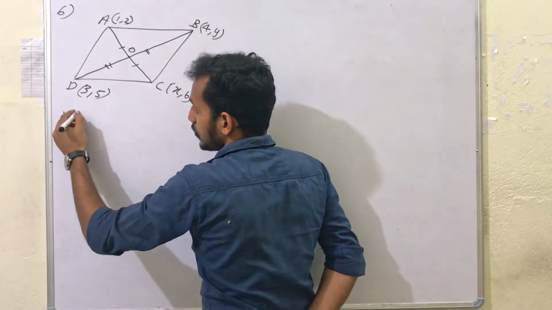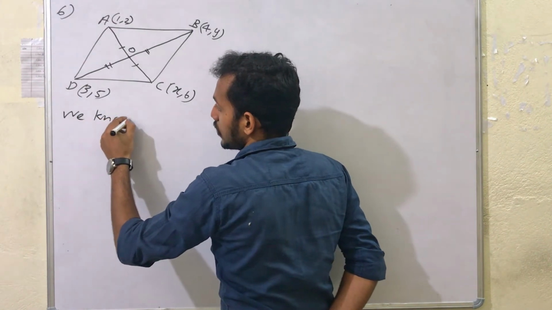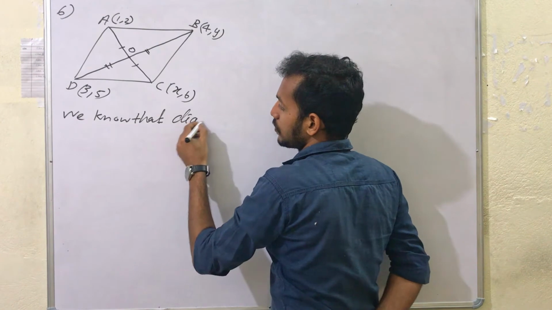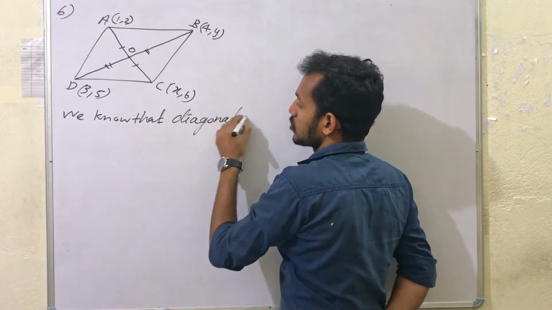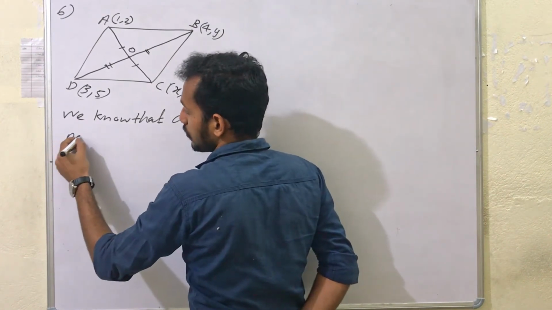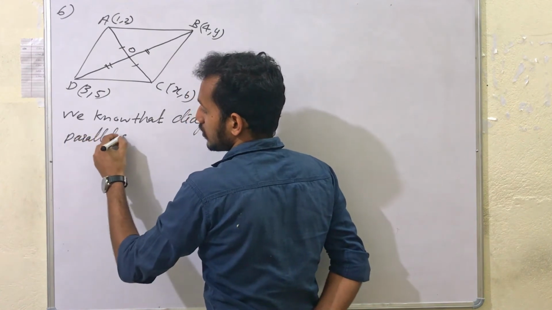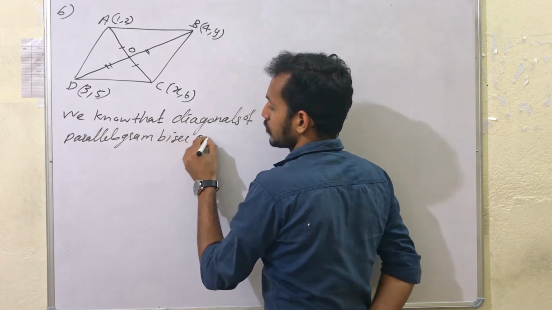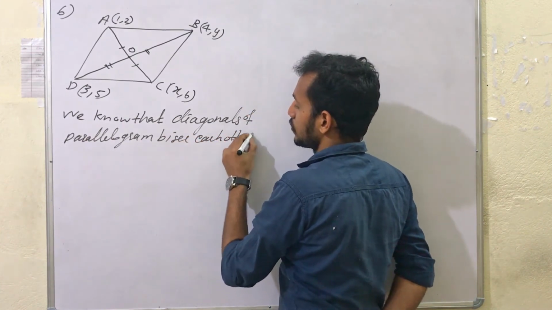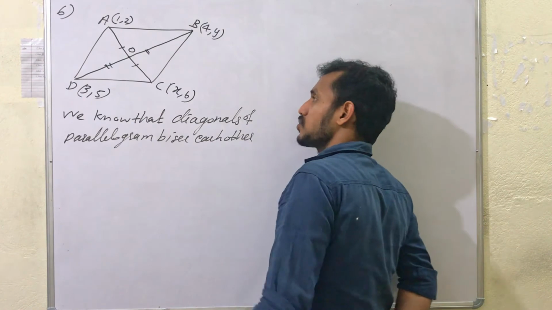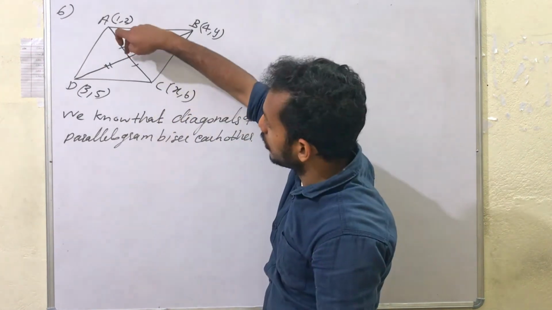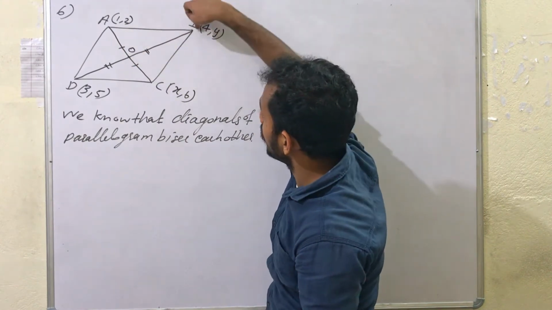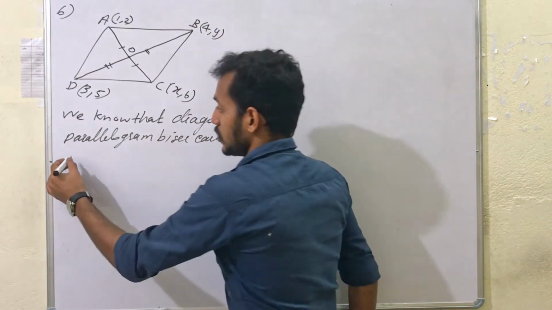So we know that diagonals of a parallelogram bisect each other. So diagonals bisect each other means the point O will be the midpoint of AC as well as the midpoint of BD. Clear?